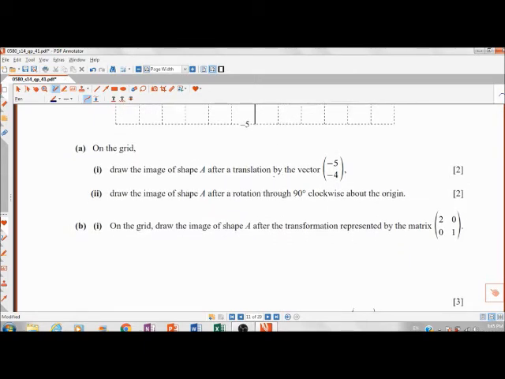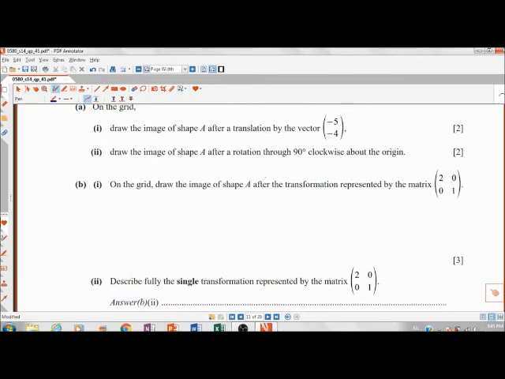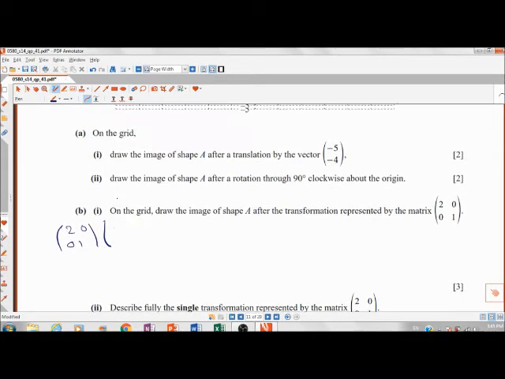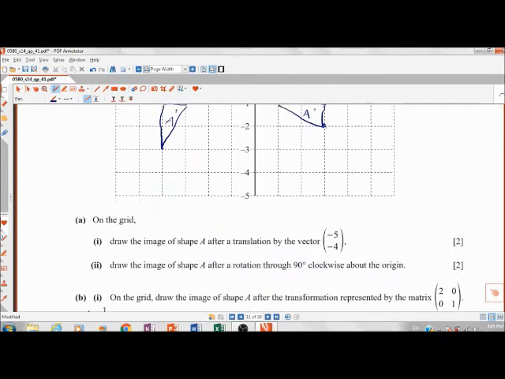On the grid, draw the image of shape A after the transformation represented by the matrix 2, 0, 0, 1. Alright, for this one, you're going to have to use matrices. First, 2, 0, 0, 1 multiplied by the vector of the first point, which is 1, 1.